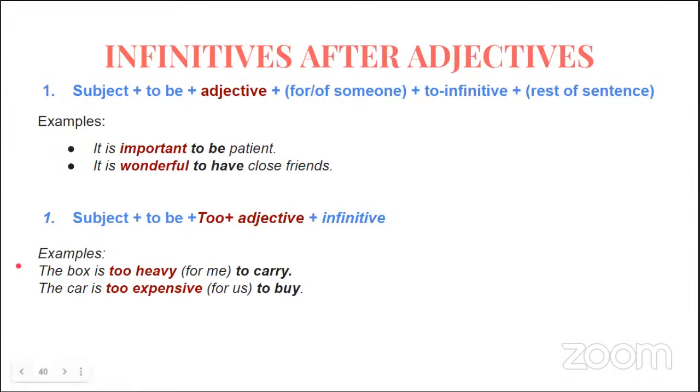Or I can say, the box is too heavy to carry, without mentioning for or of someone, right? The car is too expensive for us to buy, or the car is too expensive to buy. And these are infinitives after adjectives.